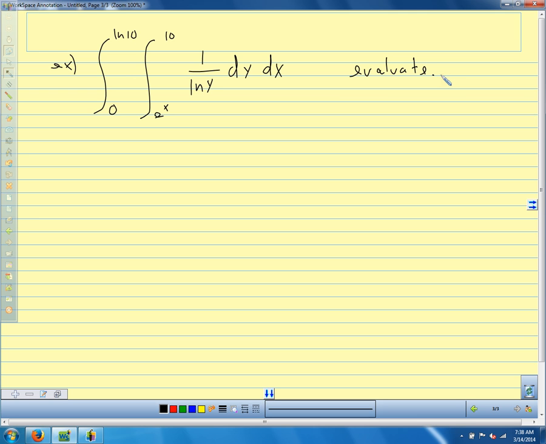So we want to evaluate this double integral. So first off, thinking about evaluating this double integral, our first integral, the integral of 1 over the natural log y dy, is that going to be an easy integral or a difficult integral?